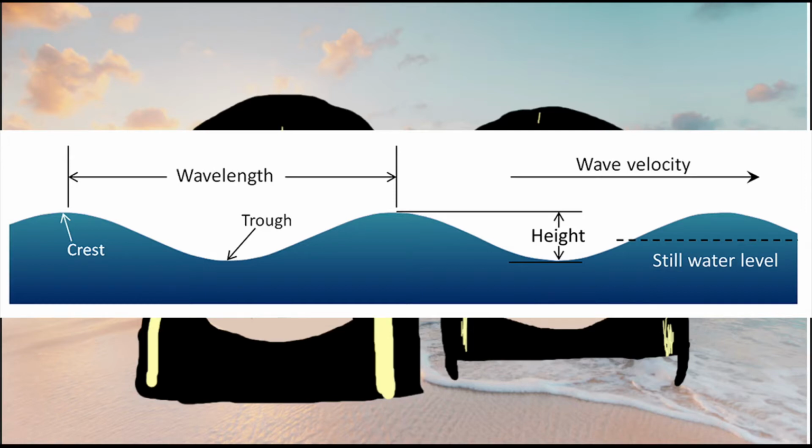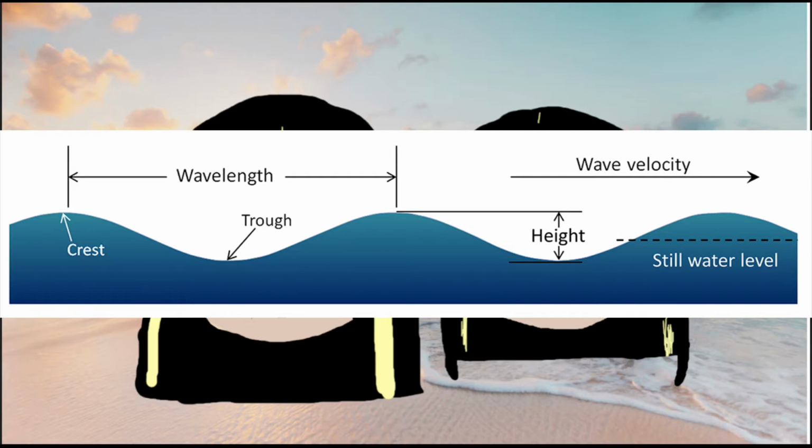The next component is the crest, which is the highest point of the wave. And trough, I think is how you say it, is the lowest point. The next component is wave height, which is the distance between the crest and the trough.